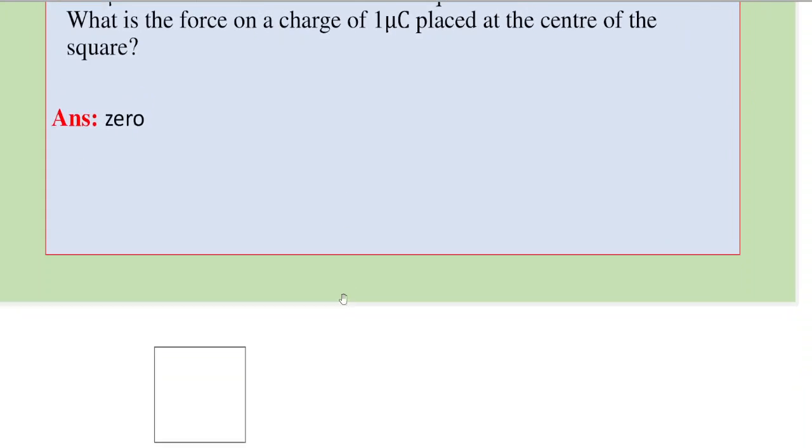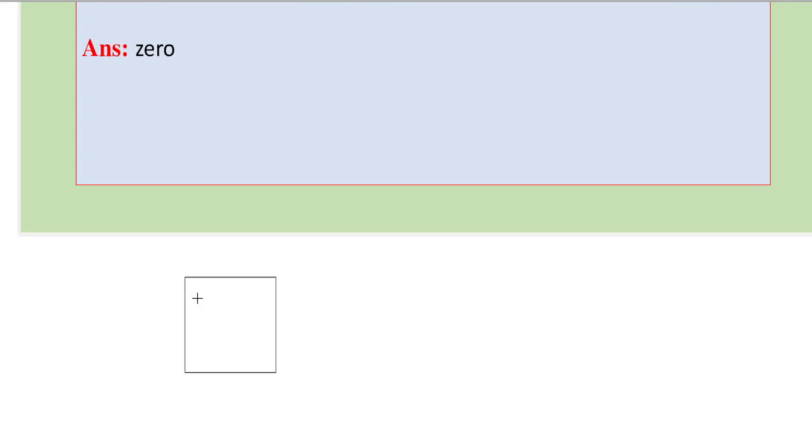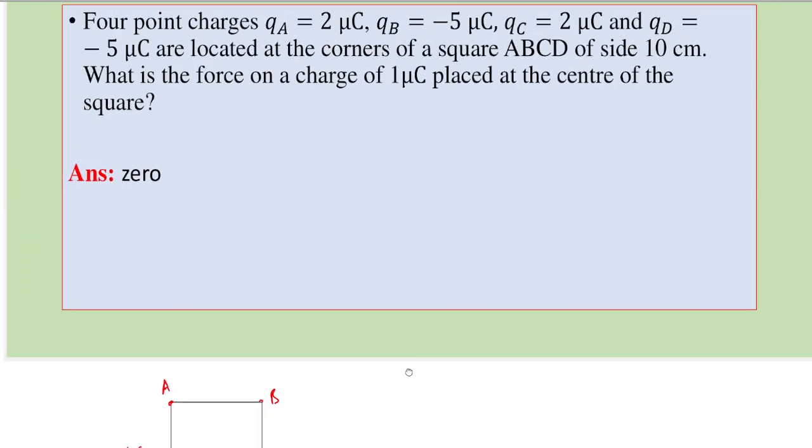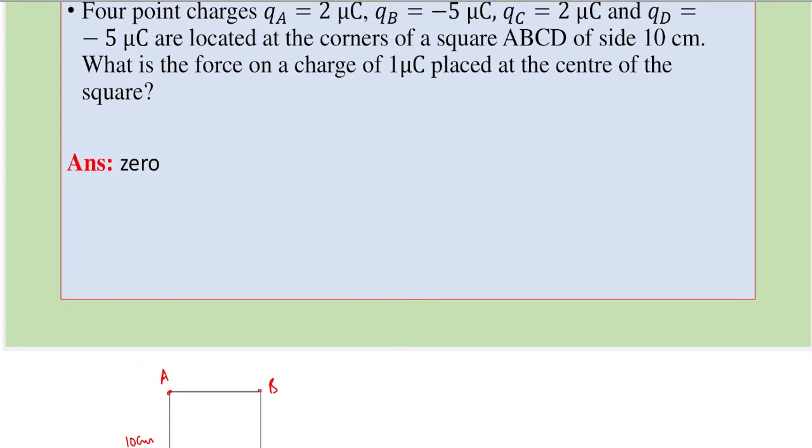So we look at a square and we'll call the 4 corners as the 4 points A, B, C and then D. Each side is of length 10 centimeter. The charge at point A is plus 2 microcoulomb.